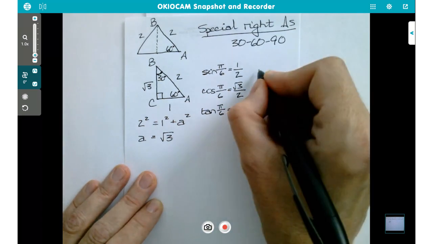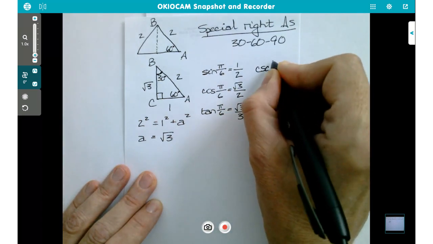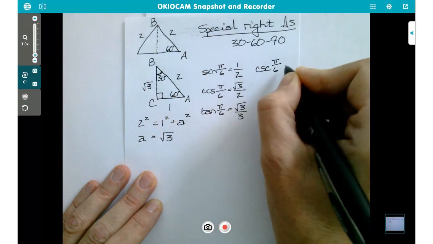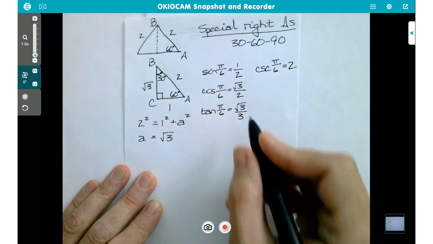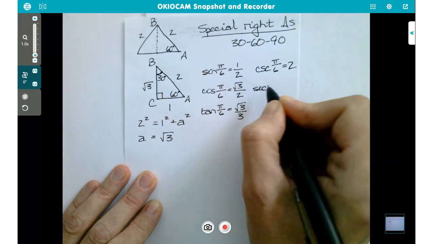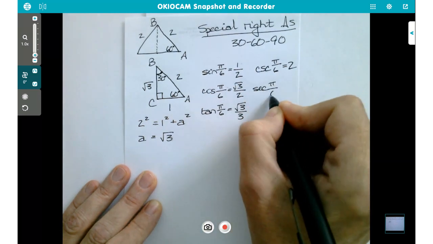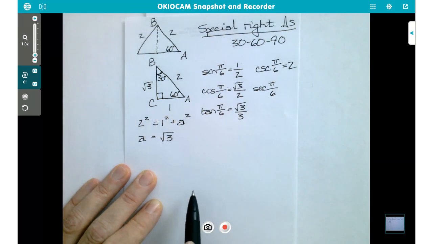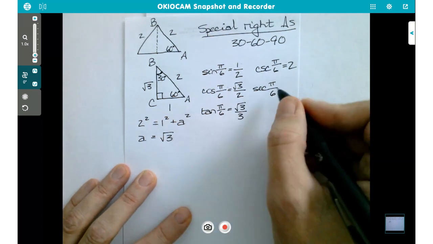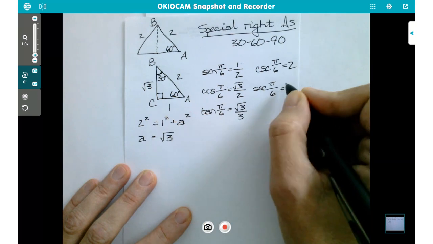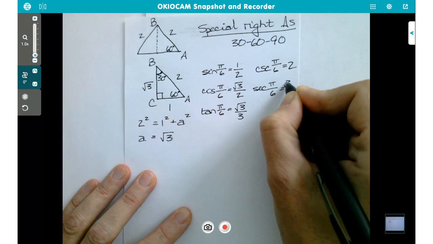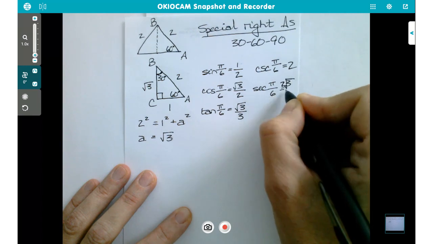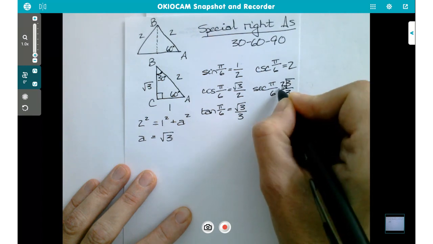And then the 3 reciprocals, the cosecant is, well, the reciprocal of 1/2. That sounds like 2. The secant, and again, so it's 2 over root 3. I am going to go ahead and rationalize it just because that's the way we typically see it. So it's 2 root 3 over 3.